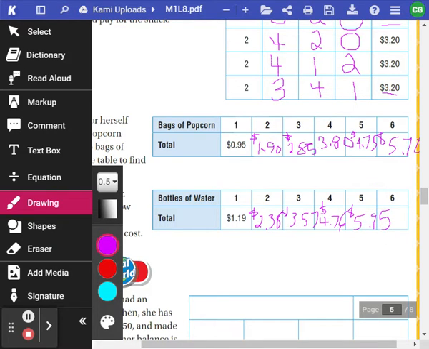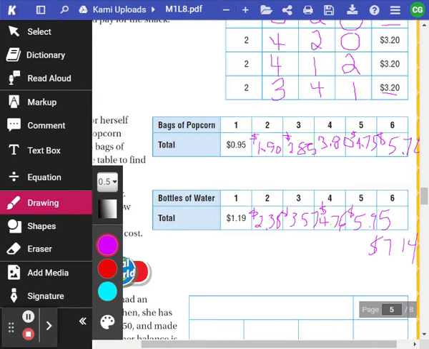And then the last one, that's 14. 9 plus 5 equals 14. Regroup. 9, 10, 11. 5, 6, 7. So $7.14. I'm going to write this down here.